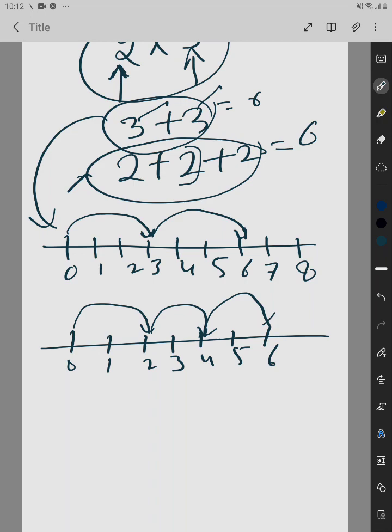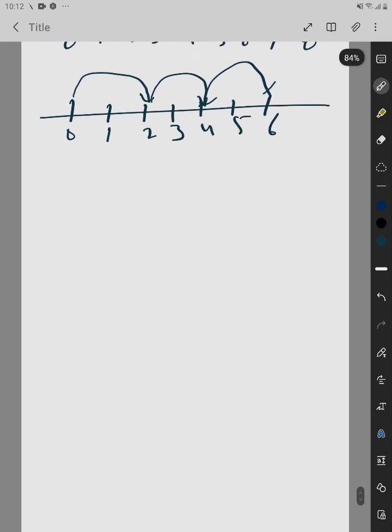Let's solve another example, and in this we will tell you which is the preferred method that can be adopted, okay.